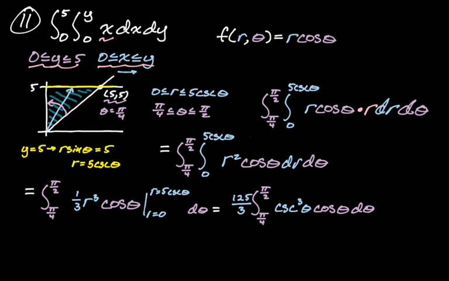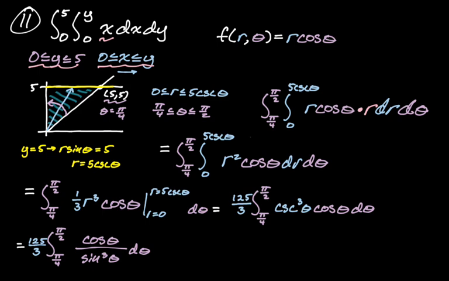You have cosecant cubed times cosine. I think the best thing to do here is switch to all sines and cosines. Cosecant is 1 over sine, so it's really just cosine over sine cubed. So we have this. Let u equal sine, and then du is going to be cosine d theta.